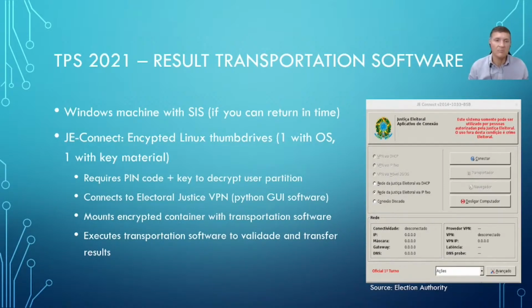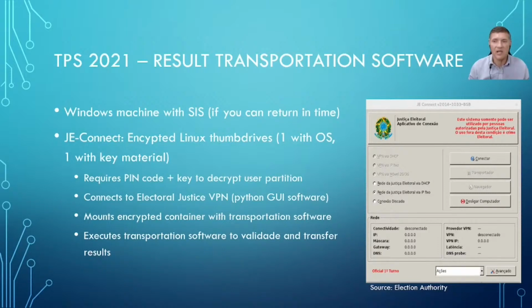There is one thumb drive with the operating system that, when it boots, asks for a pin code that must be inserted together with the second thumb drive to decrypt the operating system. After the boot, the user can see this front end to connect to the Election Authority VPN.